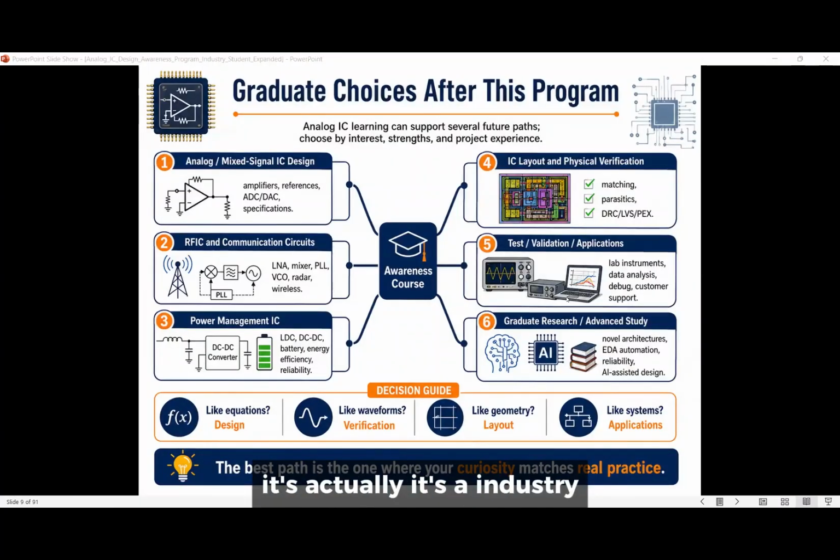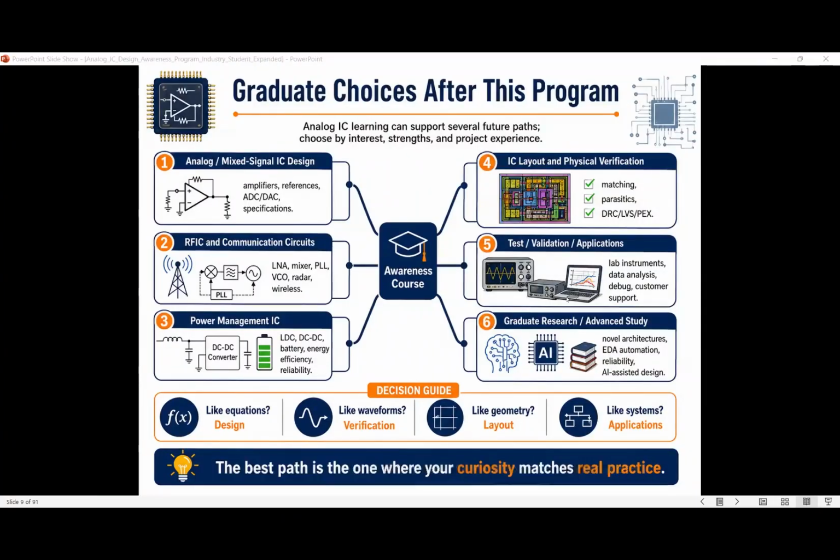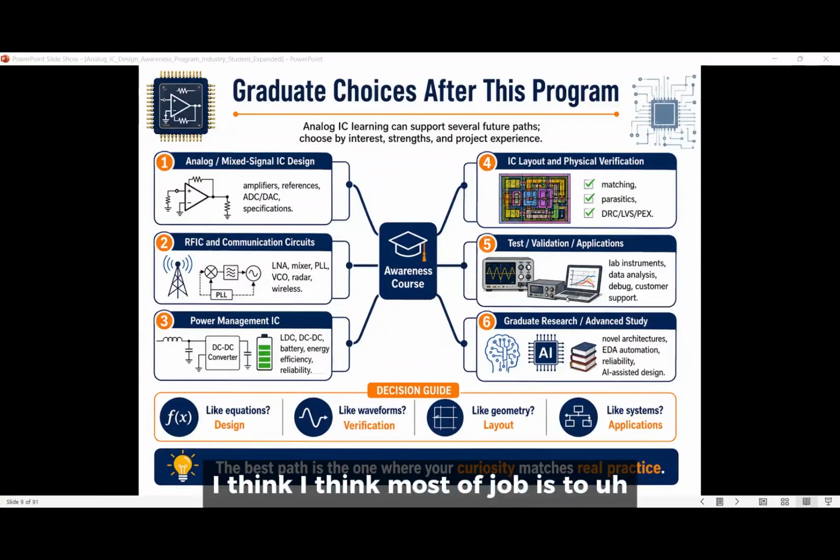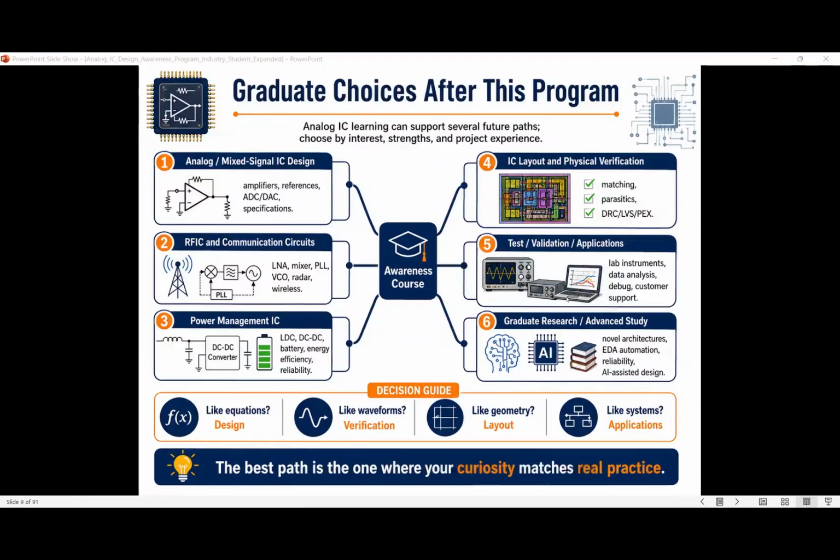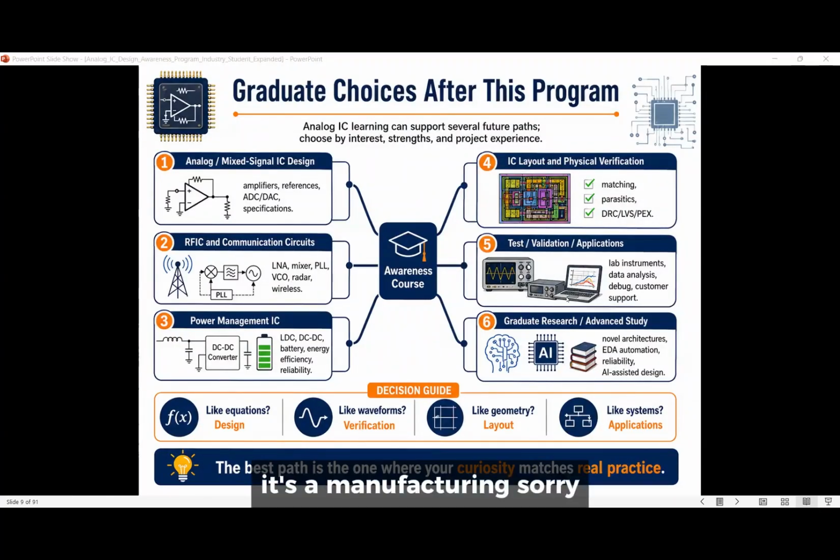It's actually an industry. So what is the nature of the job? Most of the jobs are in the manufacturing flow.